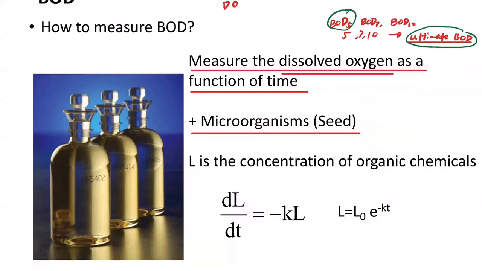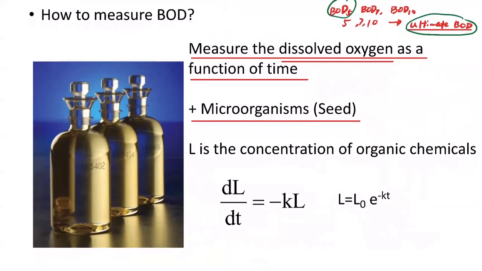As we have introduced earlier, in this class, we assume that most of the reactions are first order reactions. So it also applies to these organics, okay? What happens is, let's say you plot the concentration of the organics in the wastewater.